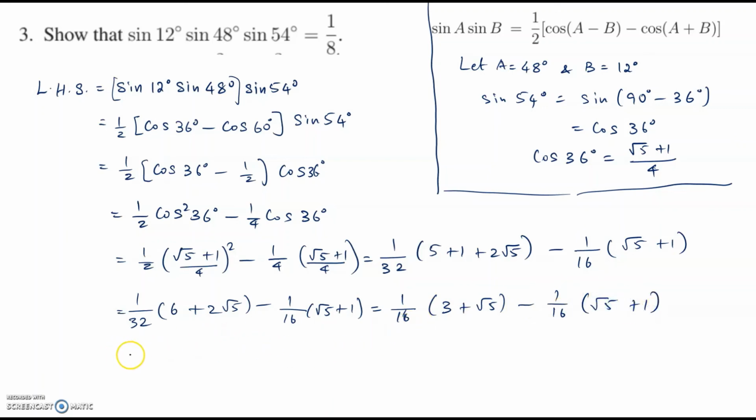So further simplifying, this will become 1 by 16 common, into (3 plus root 5 minus root 5 minus 1), removing the bracket and changing the signs here. So root 5 and root 5 will get cancelled. So 1 by 16 into 2, which is equal to 1 by 8, and that's equal to our RHS.